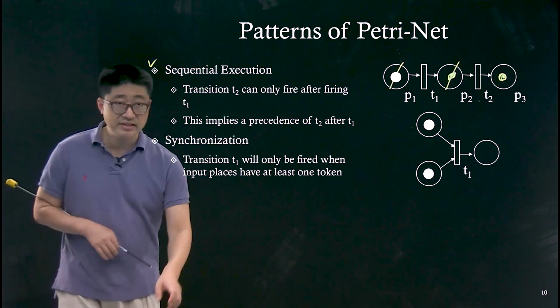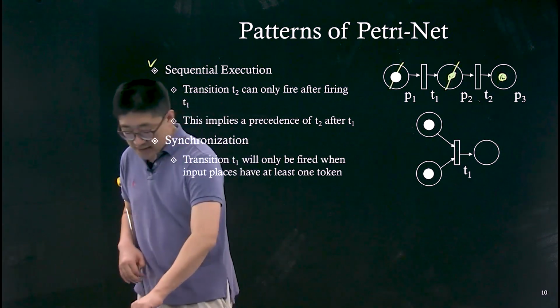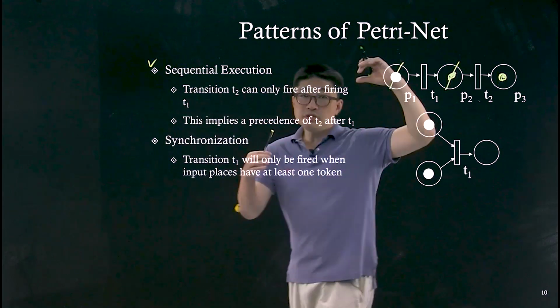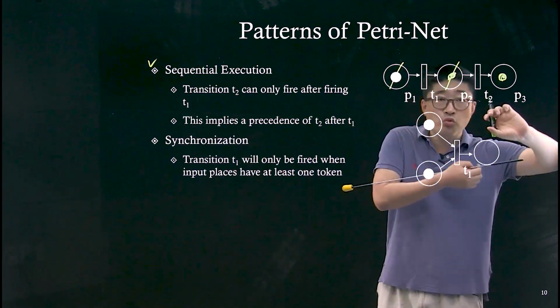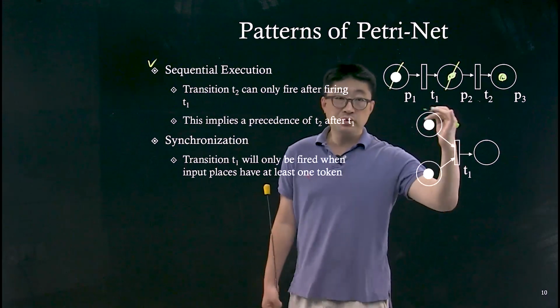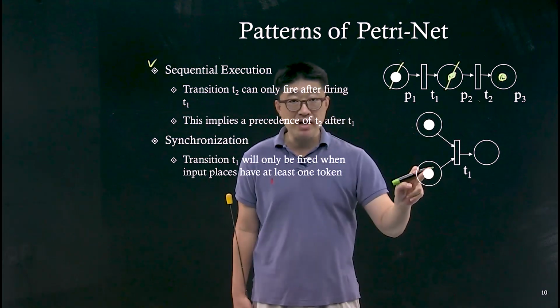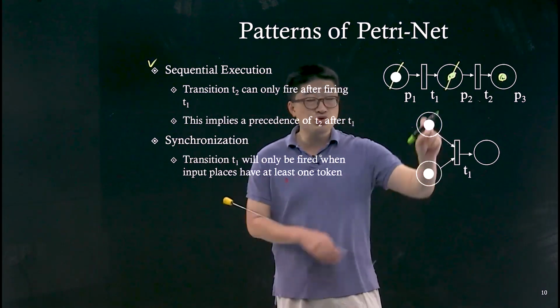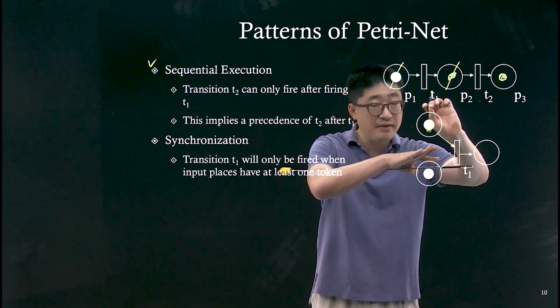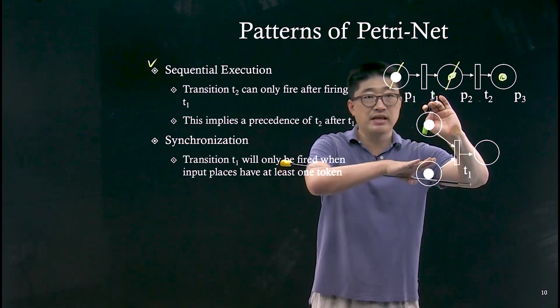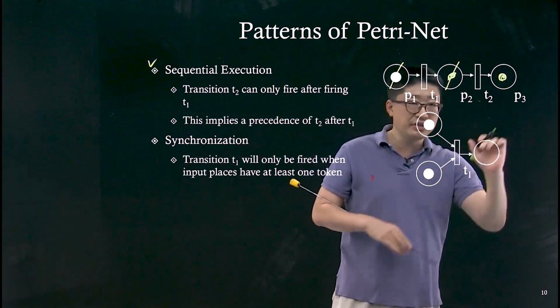And there is synchronization. Let's say we have 2 parts to be assembled together to make one product. Part 1 and part 2 need to arrive and be ready at the same time to be assembled together.